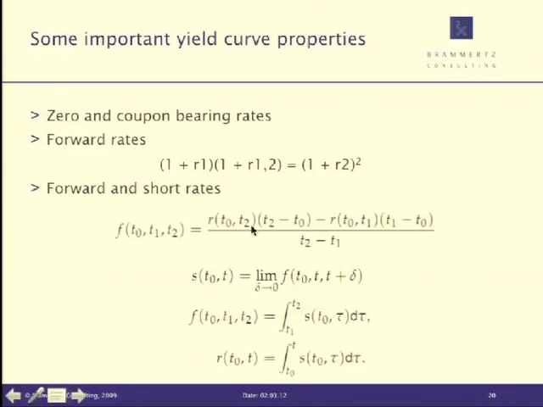So you take the coupon rate for 2 and the zero coupon rate for 2 periods, and then at now and for the second period, and you divide by the time difference. And here you multiply with the time. So it's a very simple calculation.